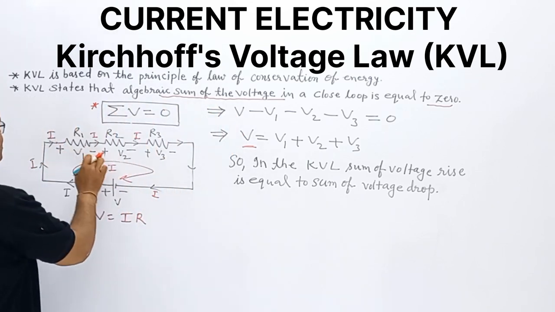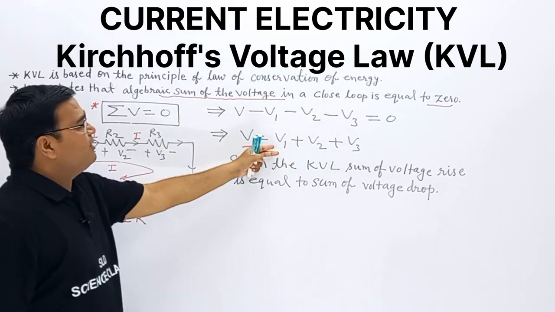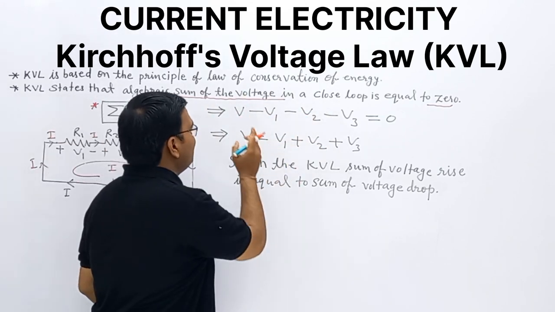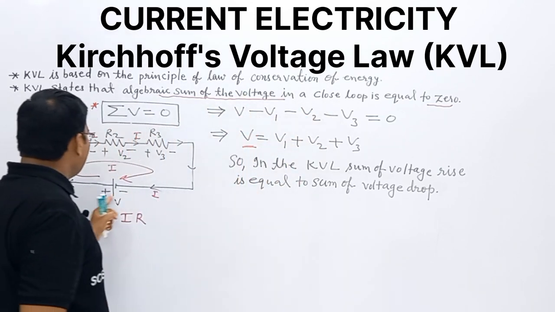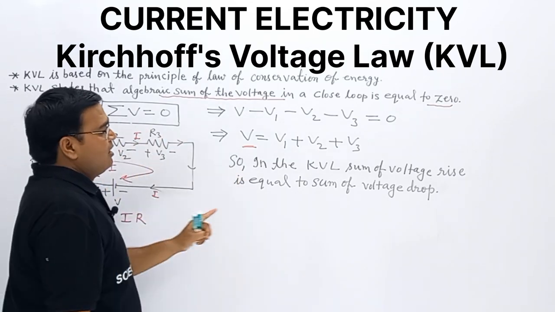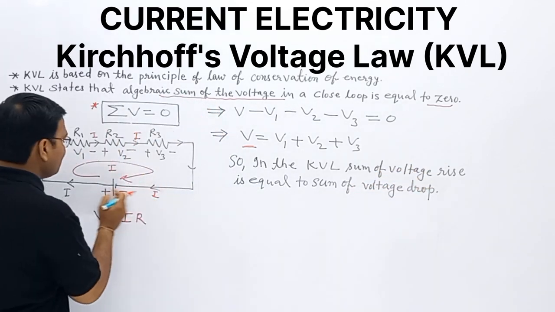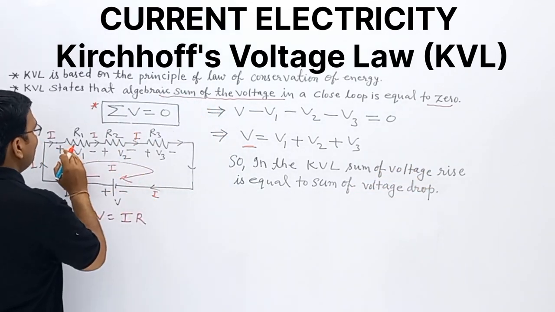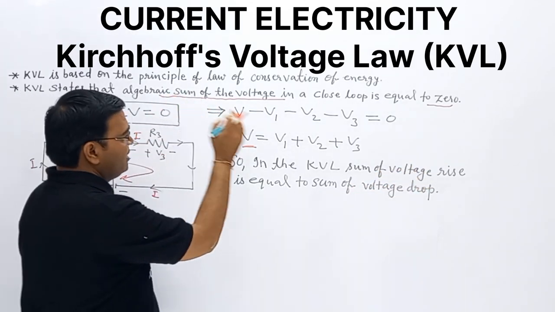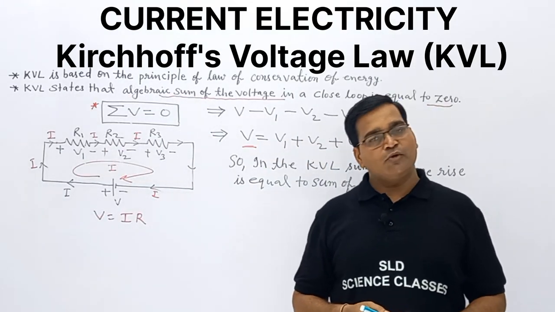Current entering the positive terminal, we take the sign of voltage as negative. Rising voltage we take on one side, and voltage drop on the other side. So V equals V1 plus V2 plus V3. This is Kirchhoff's voltage law. So simple.